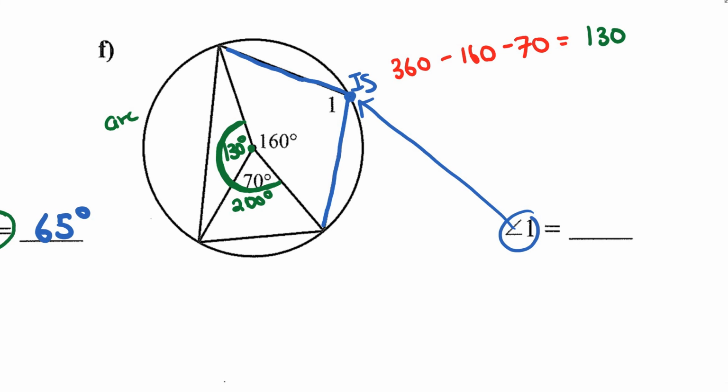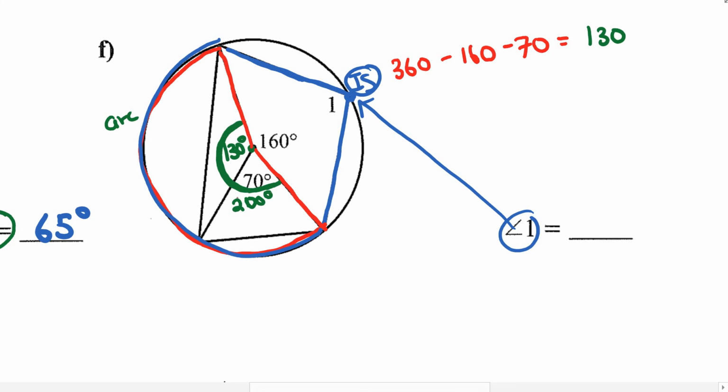Let me just adjust the strategy here. If I follow the sides here, it still opens to this arc right here. And this inscribed angle, if I follow the blue sides, also opens to that arc as well. So the general rule is that the inscribed angle is always going to be half the central angle.